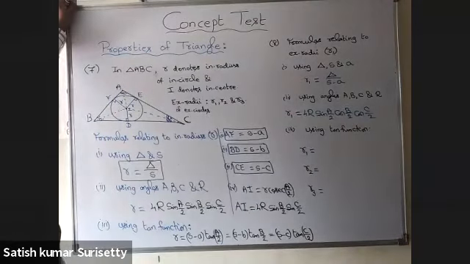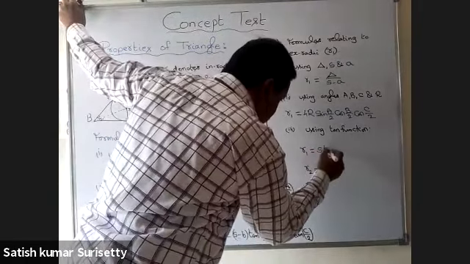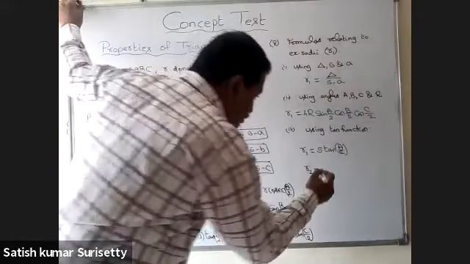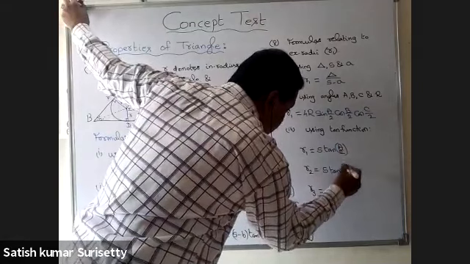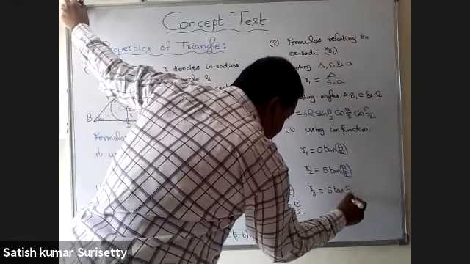Next, using the tan function, r1 equal to s tan A by 2, r2 equal to s tan B by 2, r3 equal to s tan C by 2.